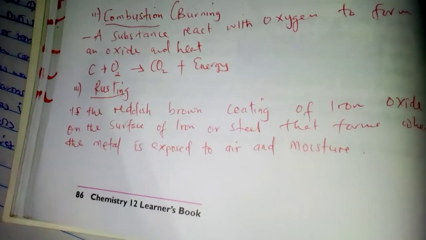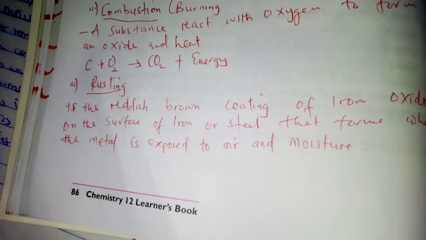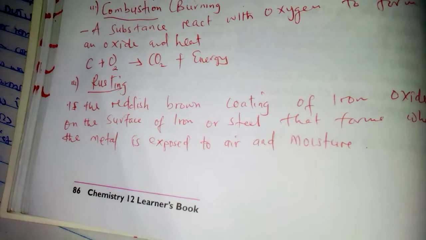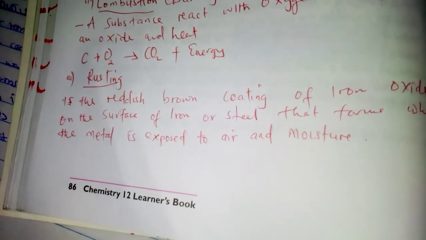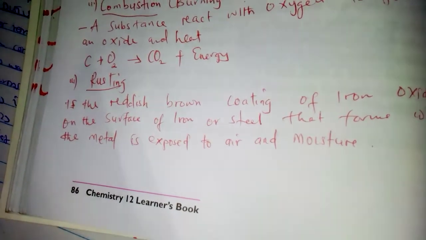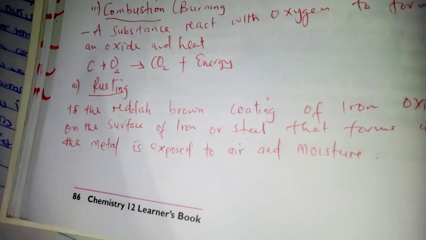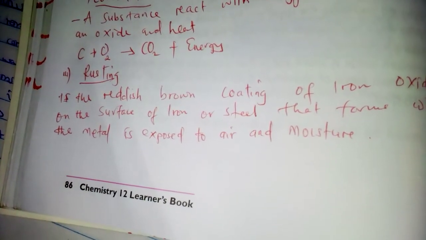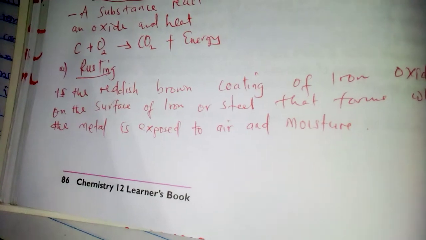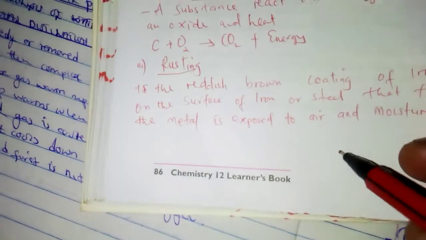Now, what are the conditions for this iron to rust? You should know that there should be, one, presence of oxygen. Oxygen should be present. That's number one.